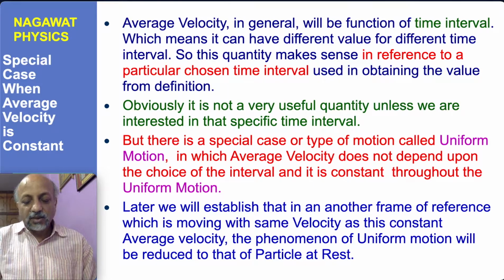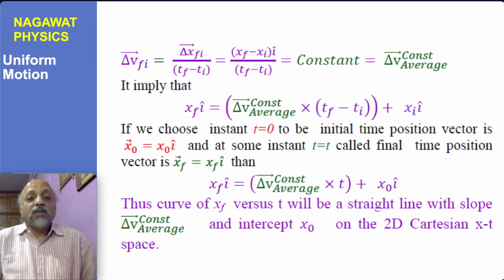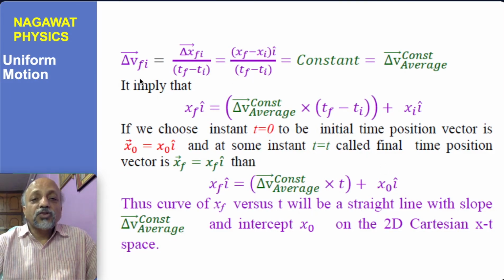Because if the particle is at rest, the displacement is 0 for all durations of time. So delta Vfi for uniform motion, which we have defined, will be a constant, and let me label it as delta V constant, with 'average' to remind you that this is an average velocity.